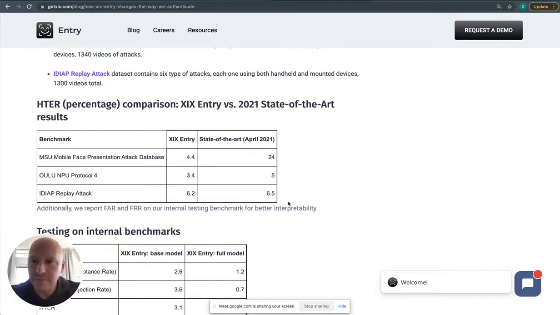It's really hard to steal your face, basically. It's easy to steal your password. You can take it with you, but you cannot really take someone else's face with you unless they're forced to do it.